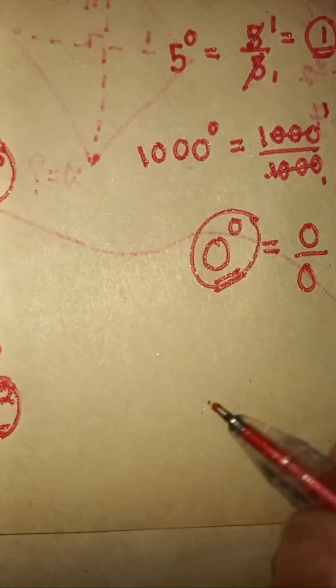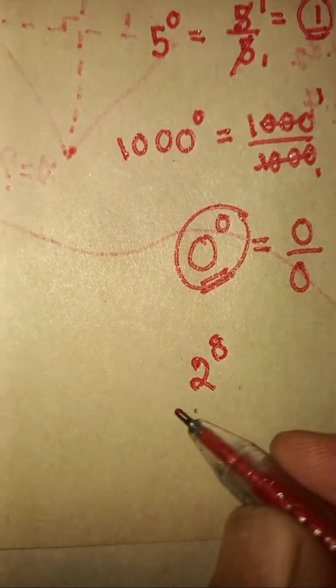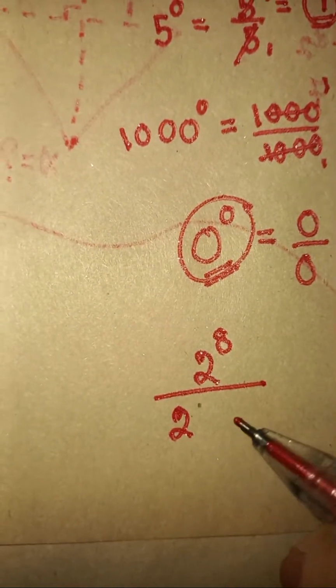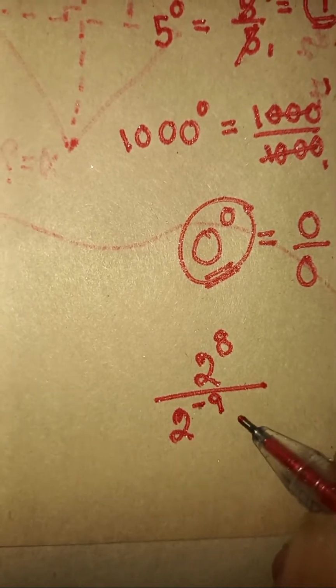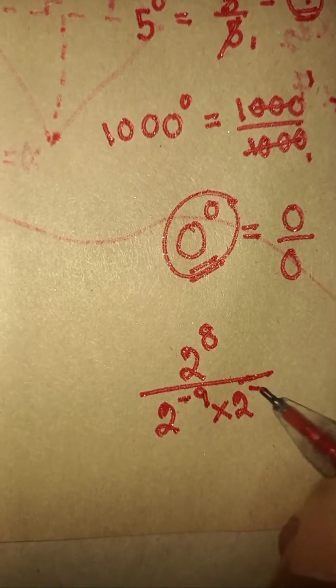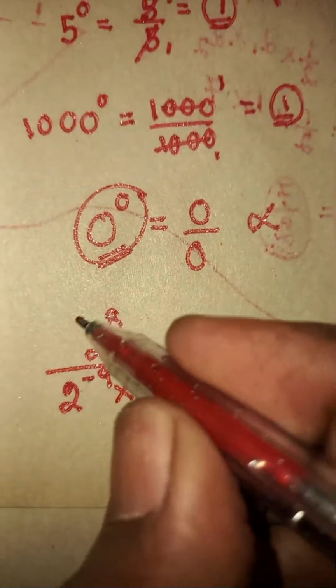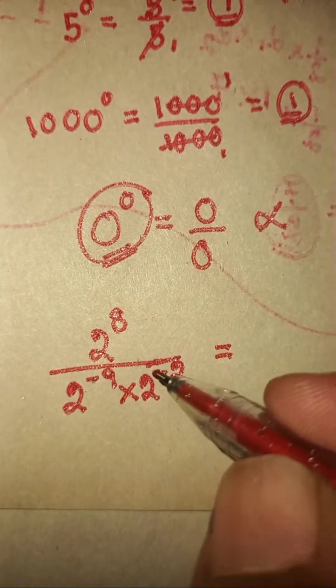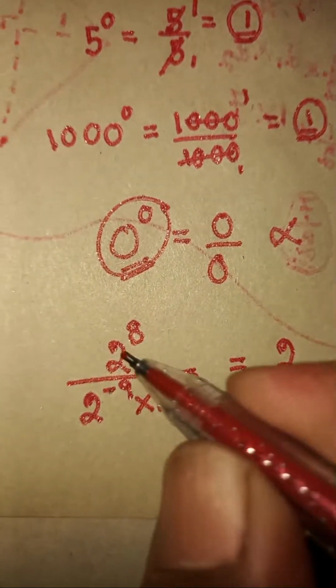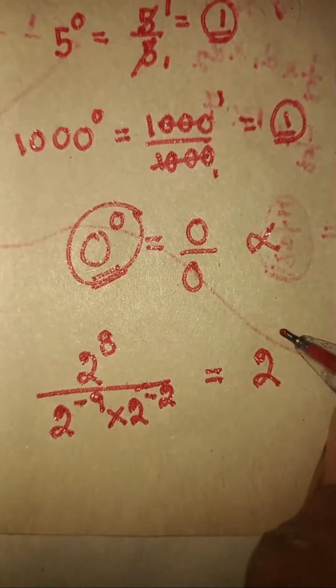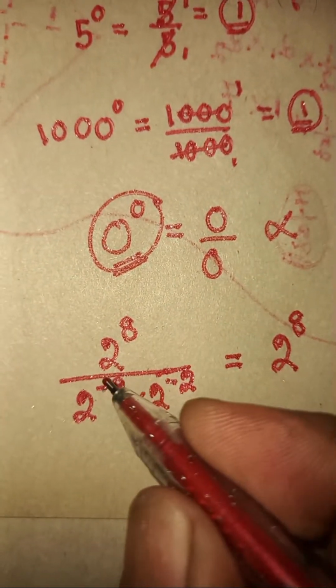Like this, I will tell another example: 2 power of 8 divided by 2 power of minus 9 times 2 power of minus 2. This one you can do easily, because all of them have base 2. So take 2 as the common base. In the above, the power remains as 8, and below it remains as 9.